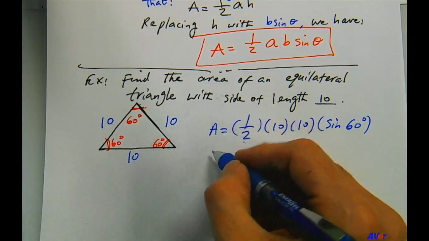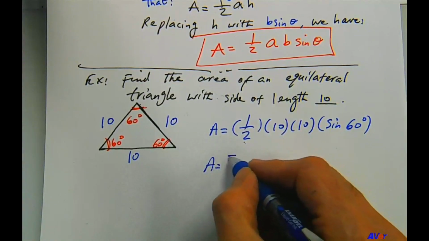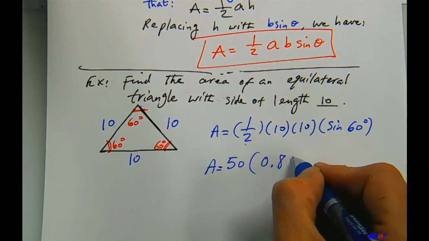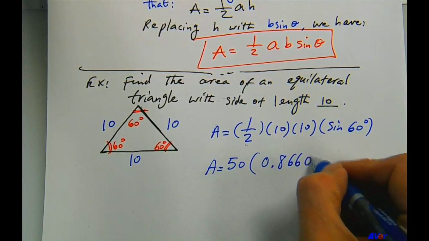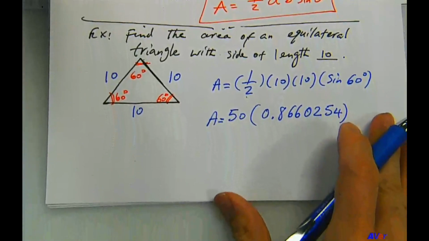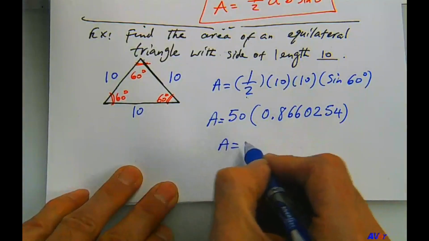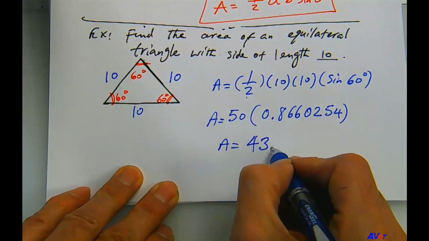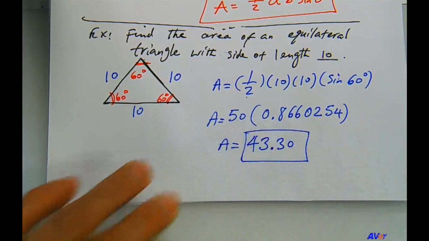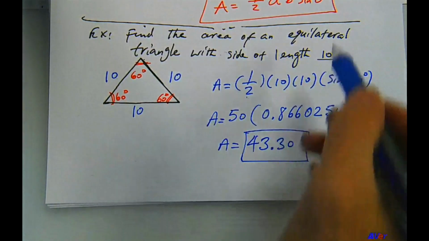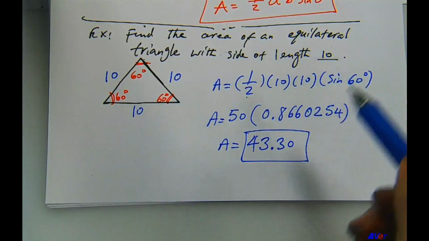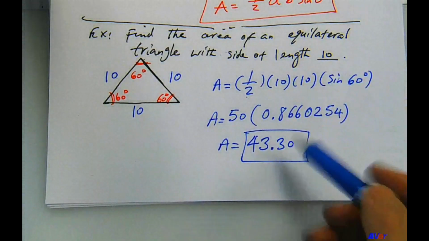So A is equal to 50 times 0.8660254, and A is equal to 43.30. Whatever the units, right? If this was meter, this would be meter squared. If this was feet, this would be feet squared, and so on.